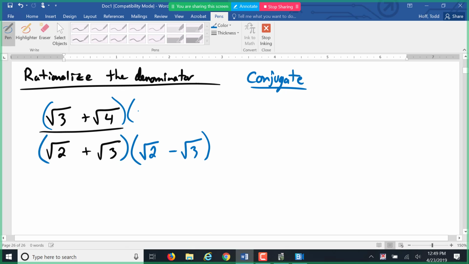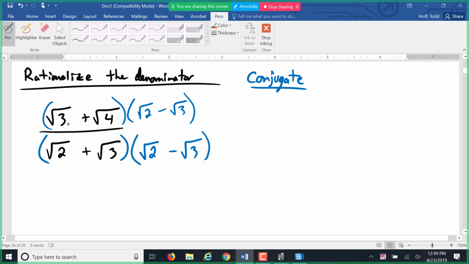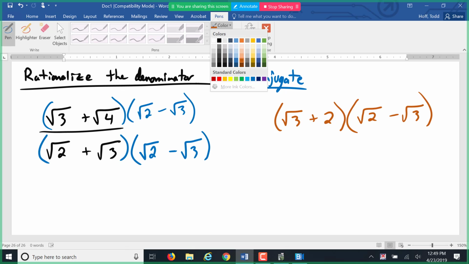Of course, we have to multiply the numerator by the same thing. So that numerator is going to be a little bit of a tough multiplication. Let's do that first. Of course, the square root of 4 we can simplify as just 2. So now we'll multiply.